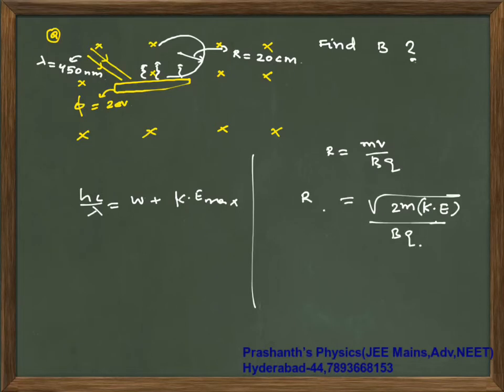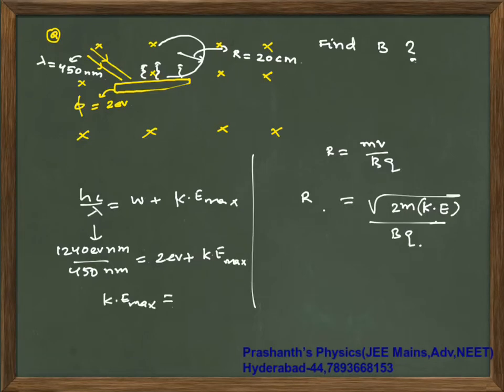So here, 1240 electron volt nanometer by 450 nanometer is equal to work function 2 electron volt plus KE max. From this calculate your KE max. If you are doing it correctly, your KE max from the photoelectric effect equation should give you 0.76 electron volt, I suppose.